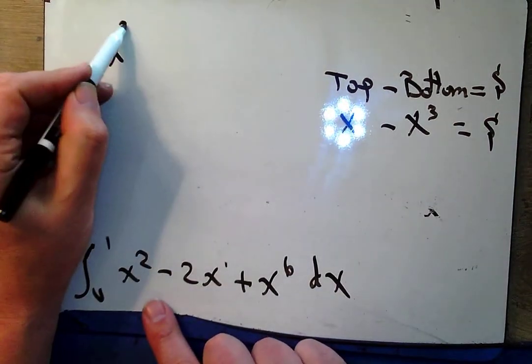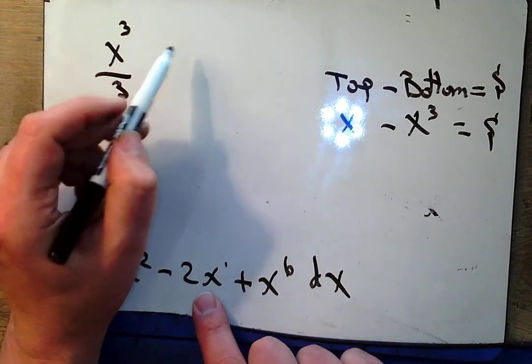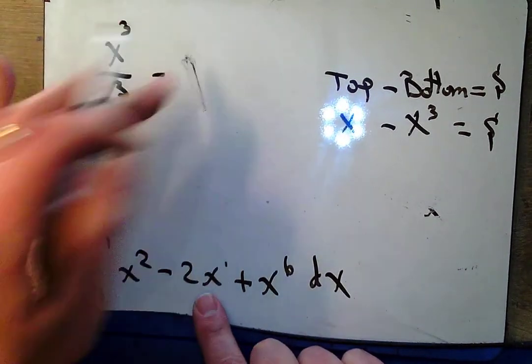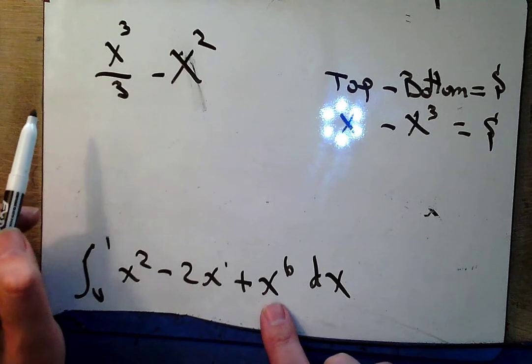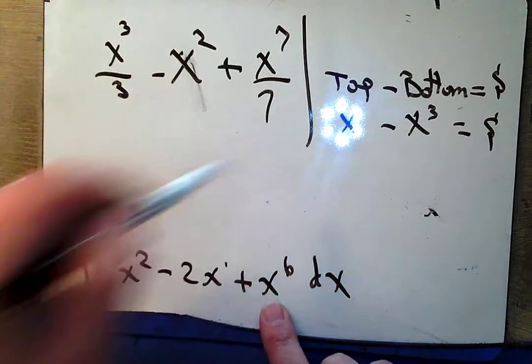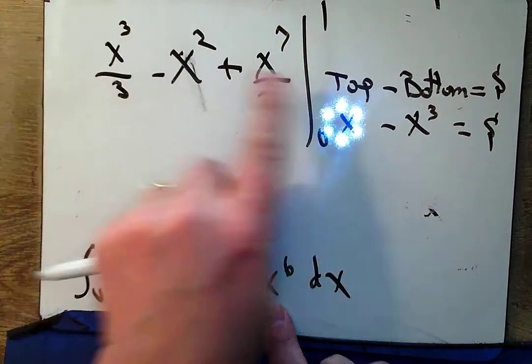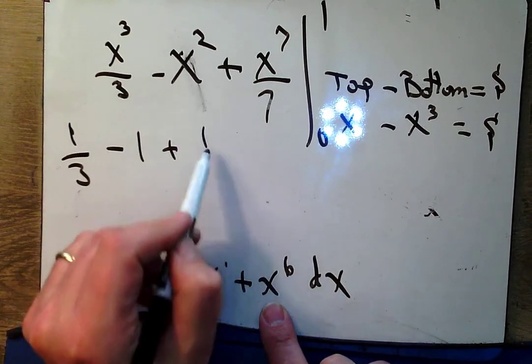That takes us to x to the third over 3 minus 2. No, not derivative, antiderivative, you noob. Okay, and plus x to the 7th over 7. And we're going from 0 to 1. Again, if I plug in zeros, nothing. If I plug in 1s, I get 1/3 minus 1 plus 1/7.